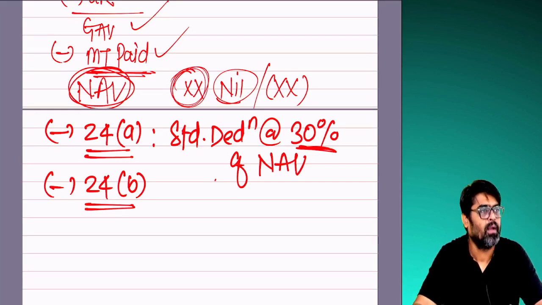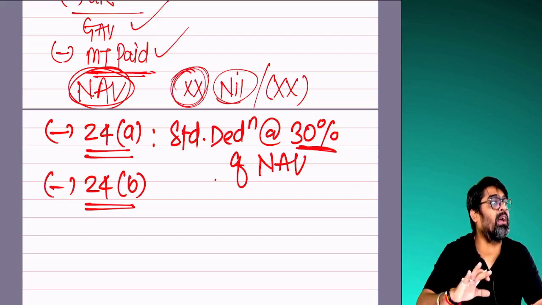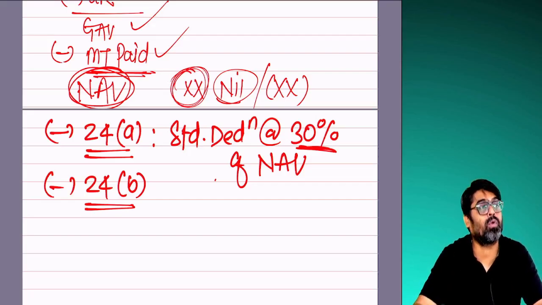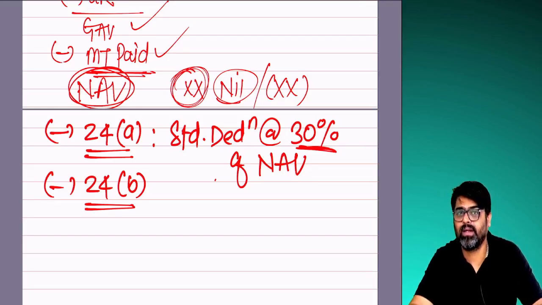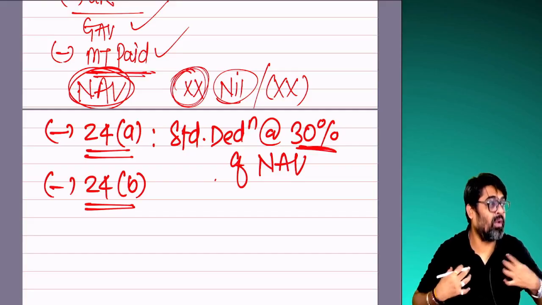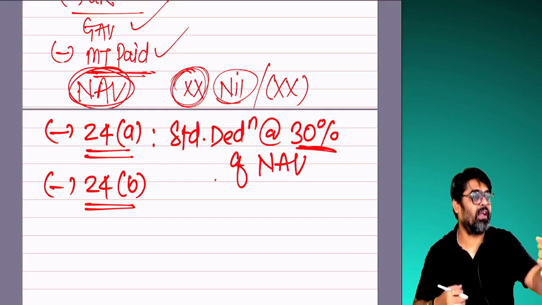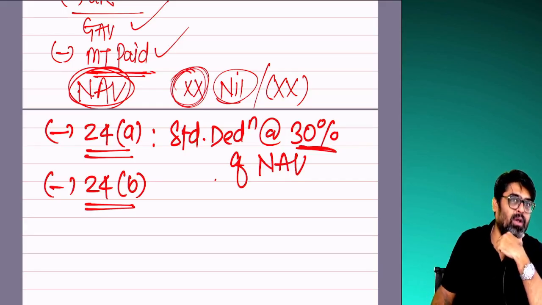Now, if we allow you to claim those expenses as deduction, what will happen, sir? You will claim those expenses as deduction. Then we'll also have to check whether the expenses claimed by you are genuinely claimed or not.